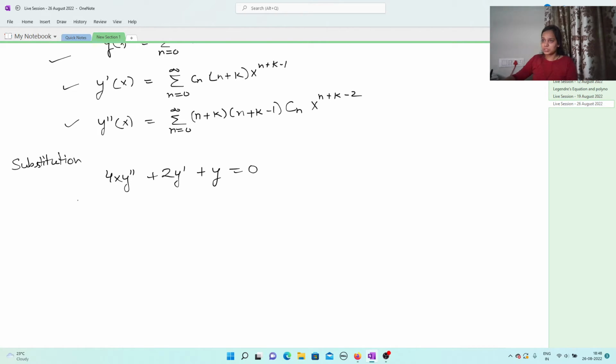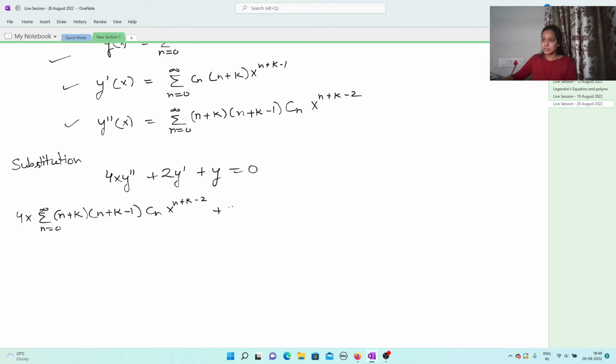Now we substitute, what will it become? 4x summation n equals 0 to infinity (n plus k) into (n plus k minus 1), right? Cn x to the power n plus k minus 2. Okay. I hope that's straightforward.